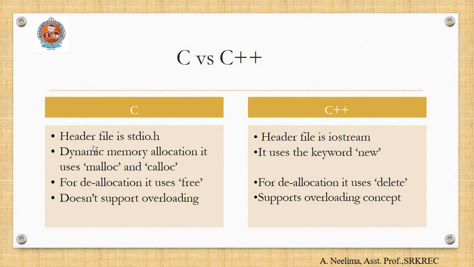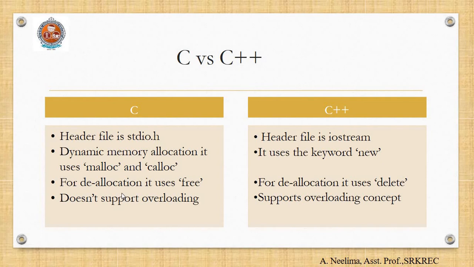In C, we use a header file that is stdio.h. In C++, the header file is iostream. In C, dynamic memory allocation uses the malloc and calloc functions, and in C++, we use the new keyword for memory allocation.